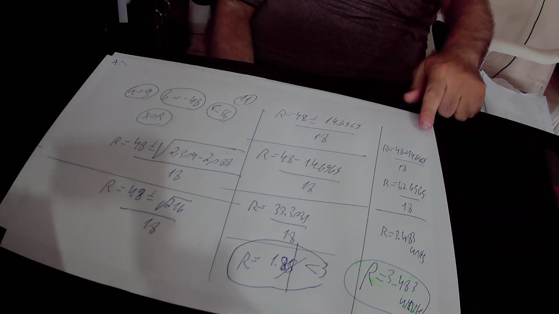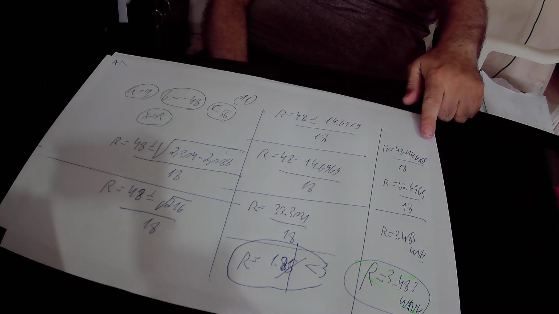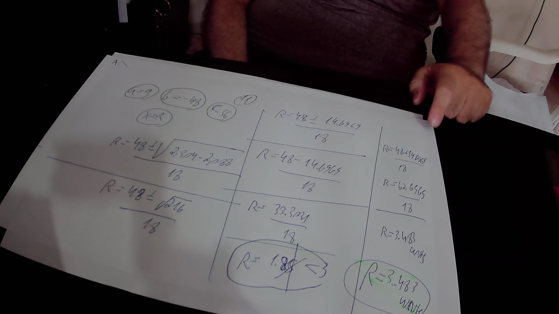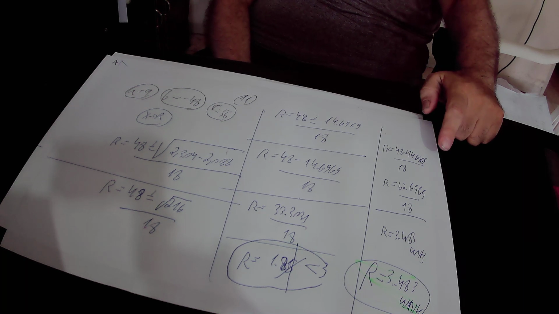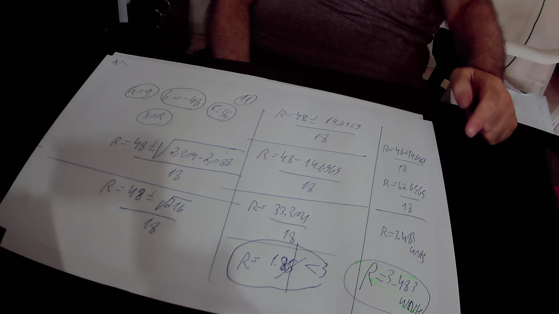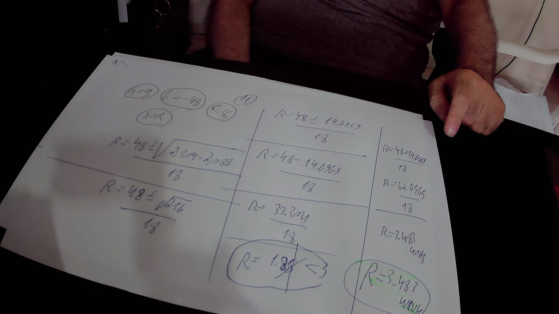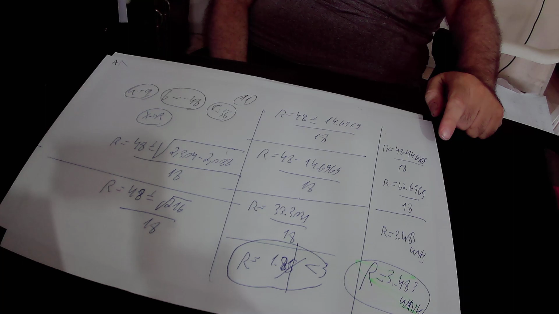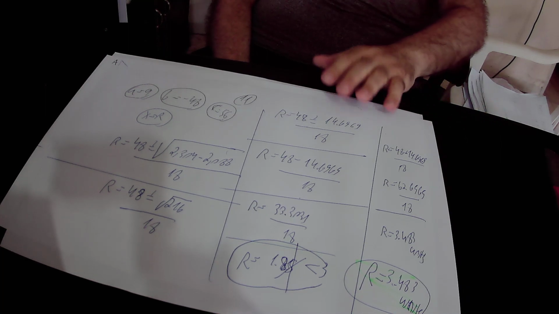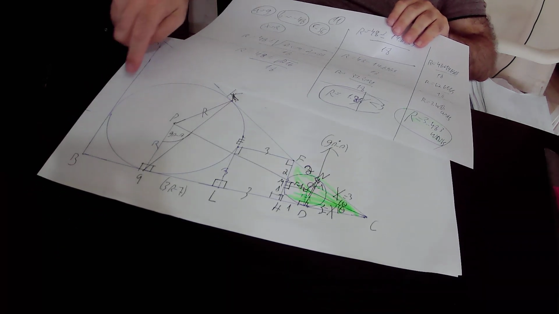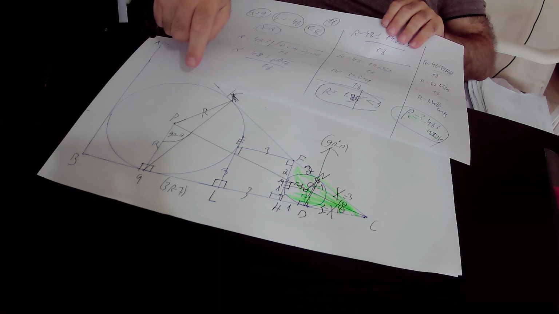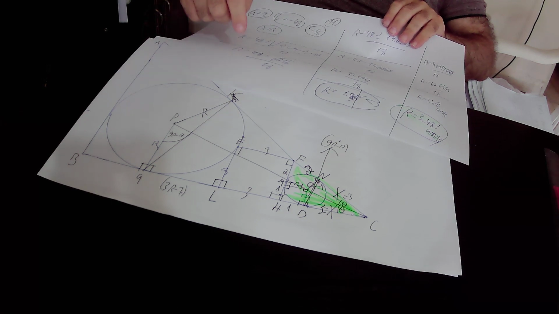The radius of the big circle equals 48 plus 14.6969 over 18. 48 plus 14.6969 is 62.6969 over 18. And 62.6969 over 18 is equal to 3.483 units.